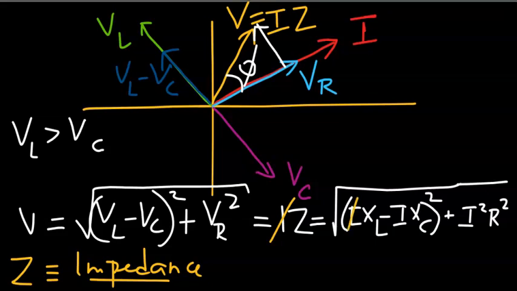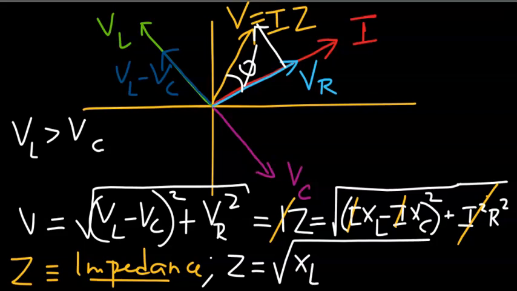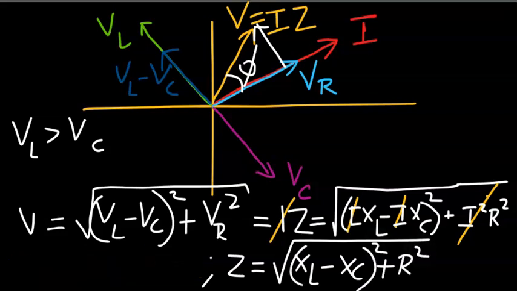When you cancel the I's from both sides, we end up with an expression for the impedance in terms of reactance and resistance, namely Z equals the square root of (X_L minus X_C) squared plus R squared. And you see impedance is a quantity that is measured in the units of ohms, just like reactance and resistance.